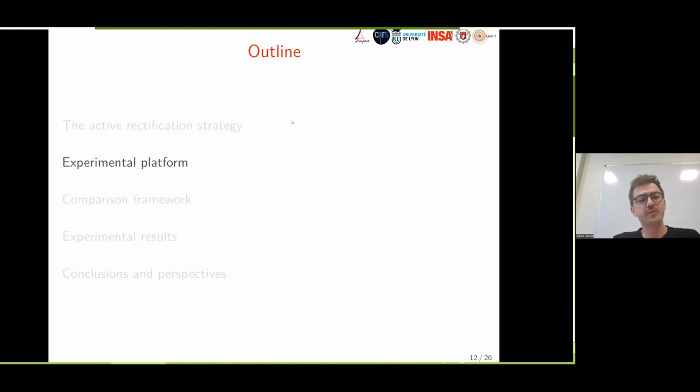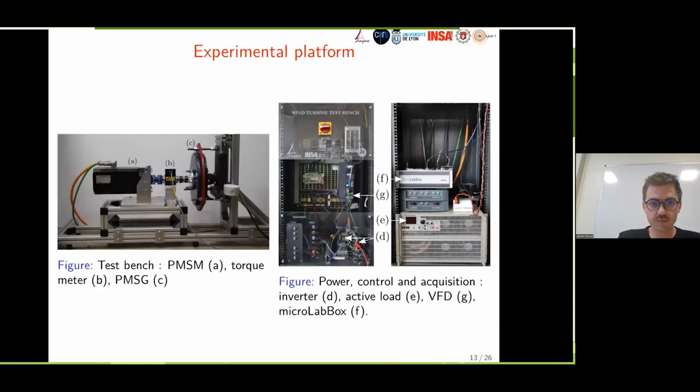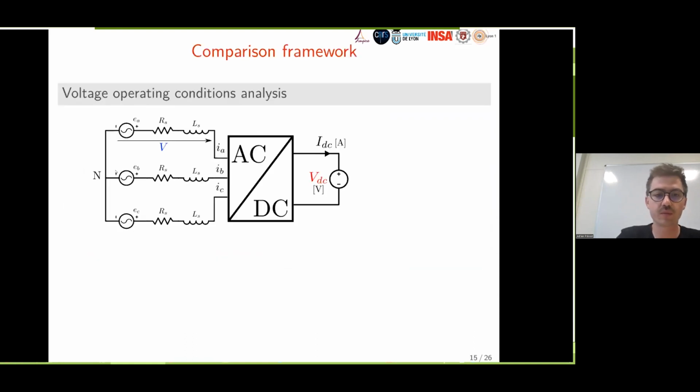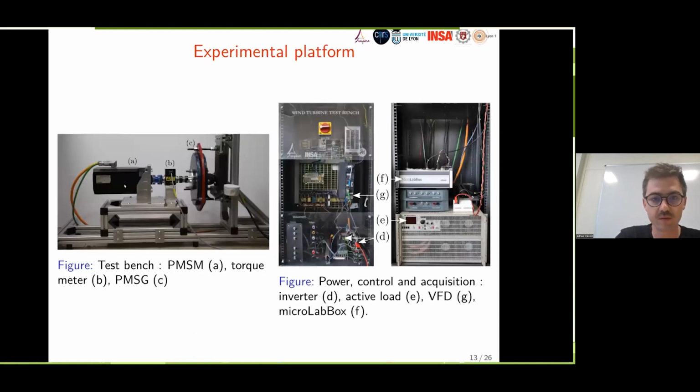So here is the experimental platform that we use. This is the real-scale, locally manufactured small wind turbine generator, axial flux. This is a torque meter to measure the torque on the shaft, and this is the synchronous motor that we use to emulate the torque of the blades.